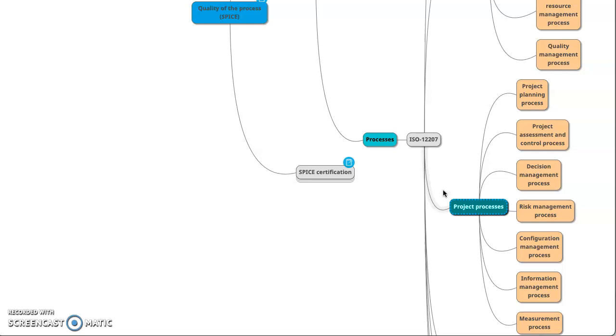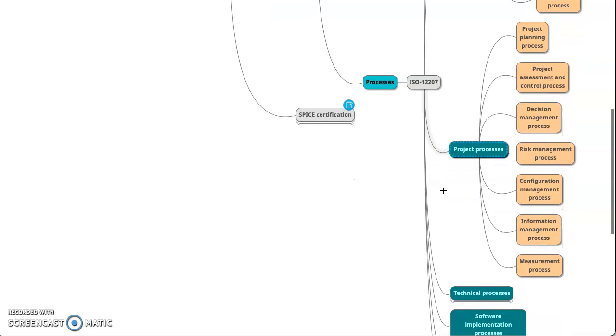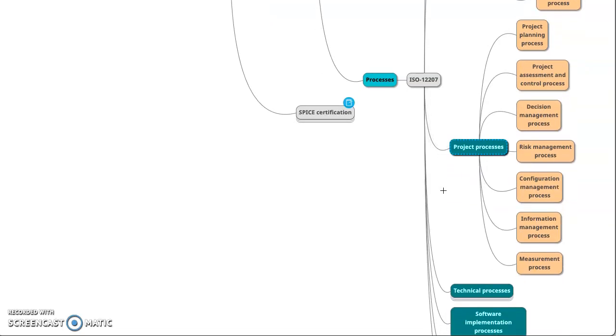Another is how you will manage the configuration, which includes secrets, security, and stuff like that. Then how you will manage the information and the data for your service or product. One of the important ones is measurement: how you will measure time, resources, infrastructure, and errors, and how you will manage the processes in your project.